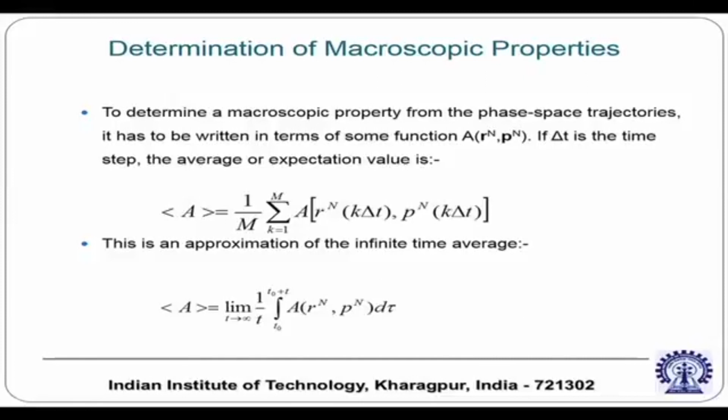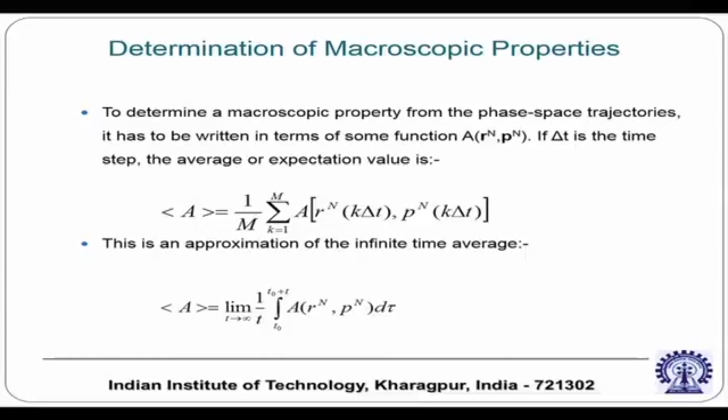Now you get molecular information in molecular dynamics, but how do you determine macroscopic properties? Here you use some statistical mechanics. You have to determine a macroscopic property from phase space trajectories.